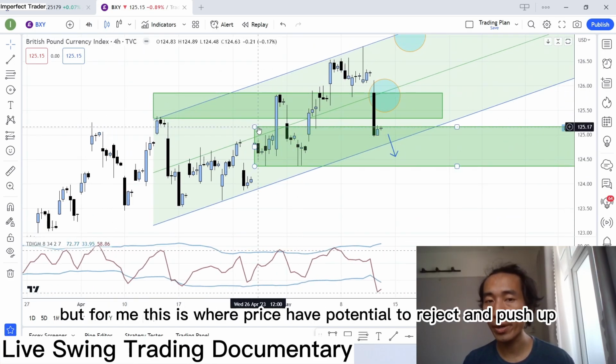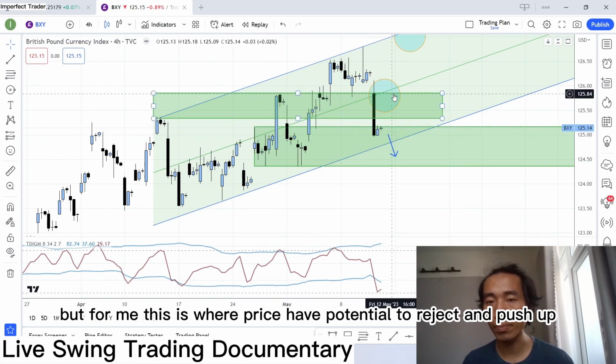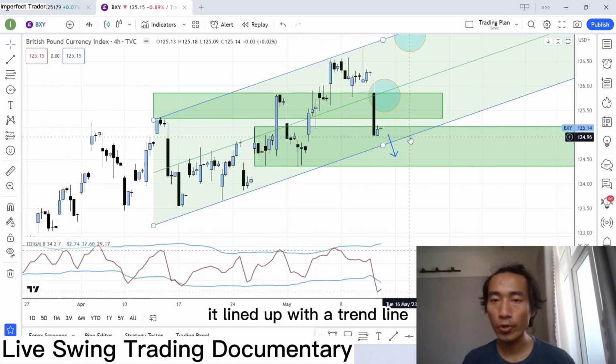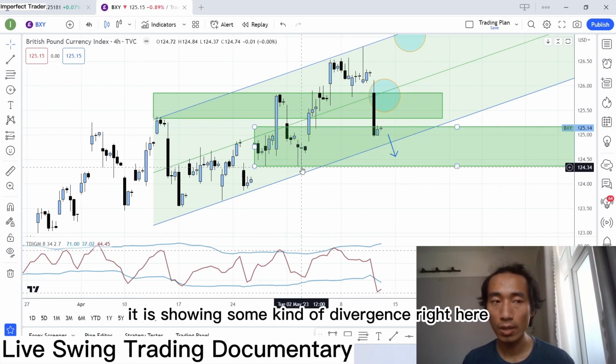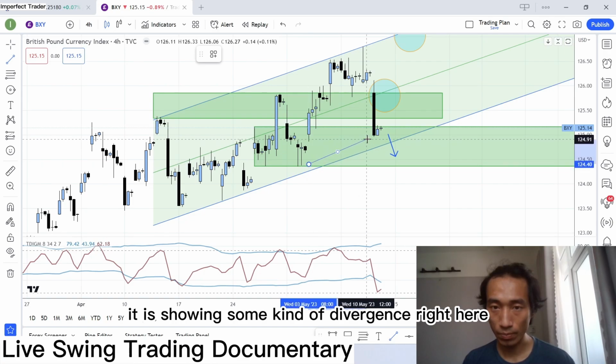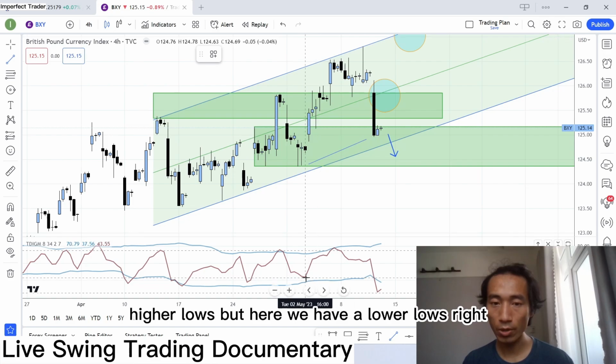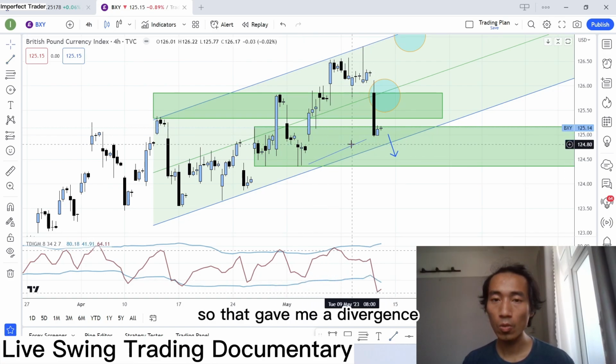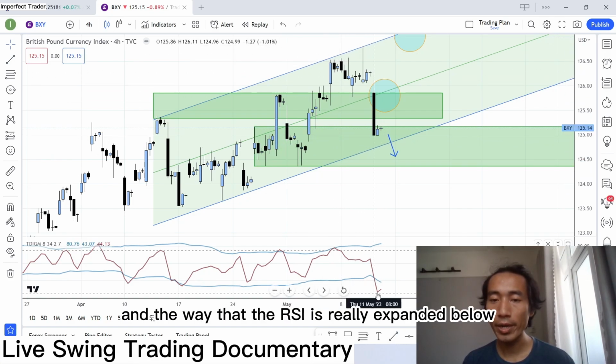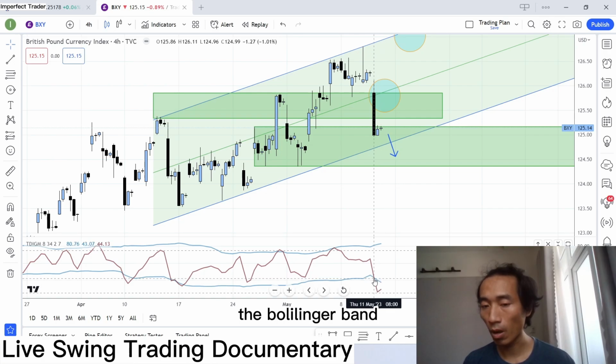But for me, that is where price has a potential to reject and push up. It's lined up with the trend line. It is showing some kind of divergence right here. Higher low, but here we have a lower low, right? So that gives me a divergence in the way that the RSI is really expanded below the Bollinger Band.